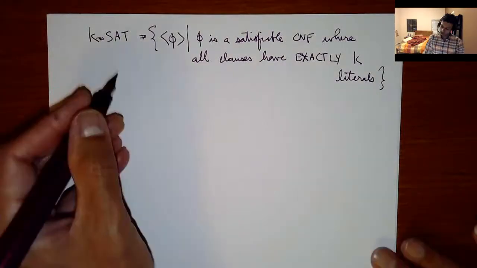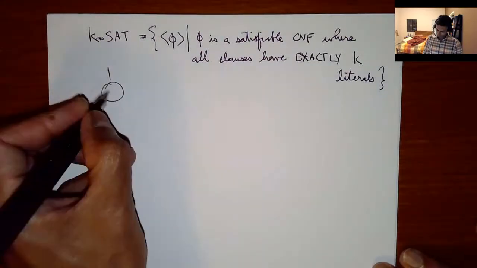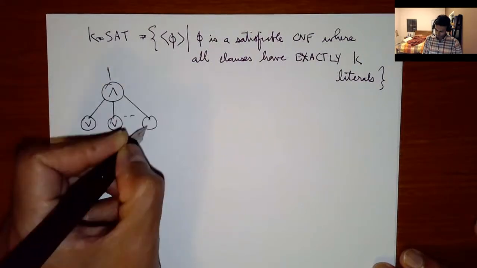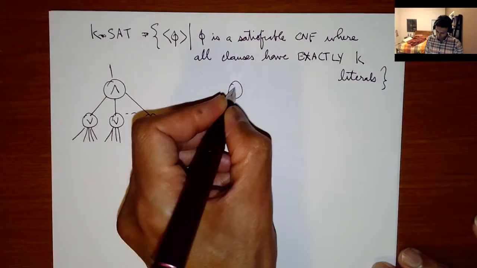So one way to think of it is CNF SAT says, here's the tree representation. It's an AND of ORs, and this could have any size, any degree. KSAT is much more structured.